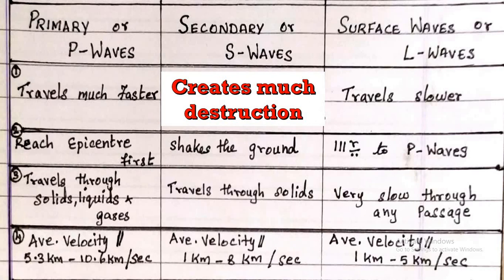The third wave, surface waves, it is at the topmost layer of the earth. So it travels slower. Very slow and passes only through the passages which it gets through. Average velocity of the speed is 1 km to 5 km per second.